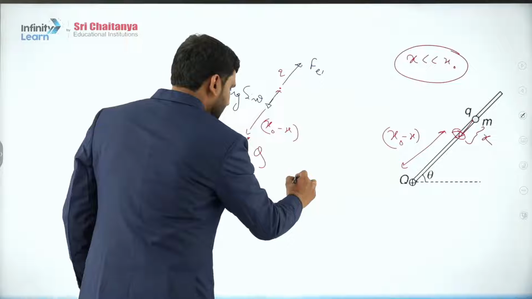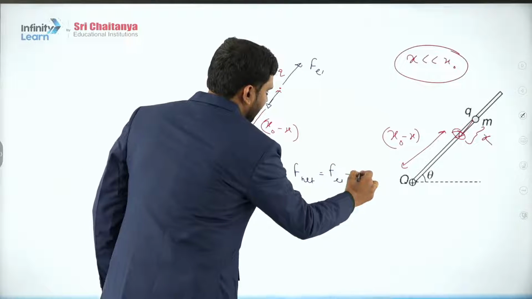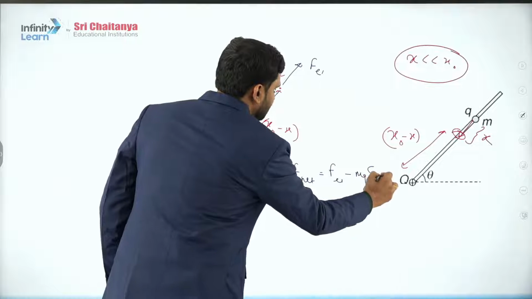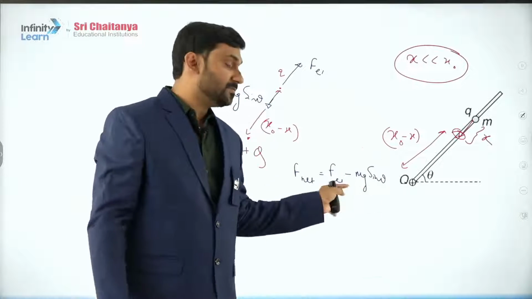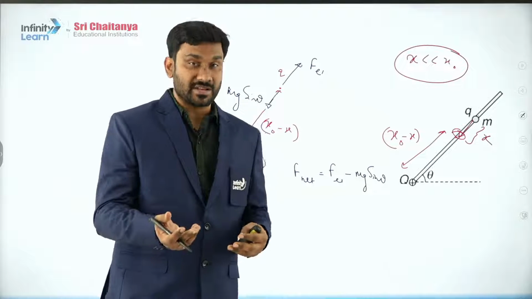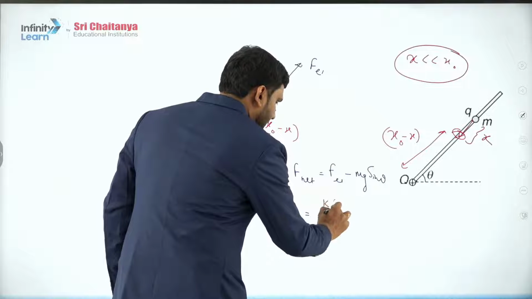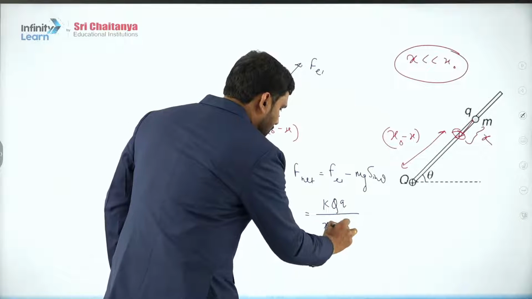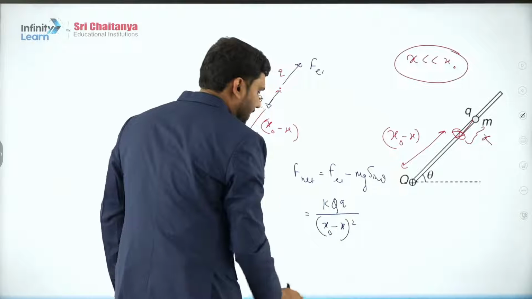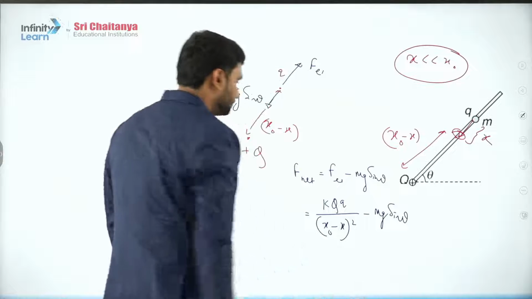So F net is equal to, can I write F electrostatic minus mg sin theta? Although it doesn't make any significant difference, you can write the vice versa also. The game is all about the direction. We will check it later. So F electrostatic is how much? Now K capital Q small q divided by x naught minus x whole square minus of mg sin theta.